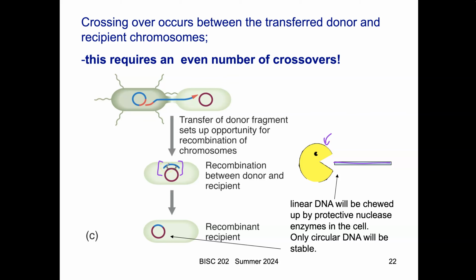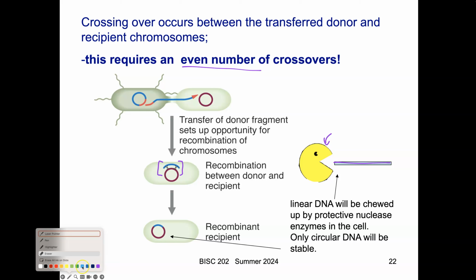And it requires an even number of crossovers because if you make a single crossover between a linear piece of DNA and a circular piece of DNA, whoops, we should go this way, then what we'll end up with is a linear piece of DNA that will get chewed to bits. You have to have two crossovers in order to complete the circle.